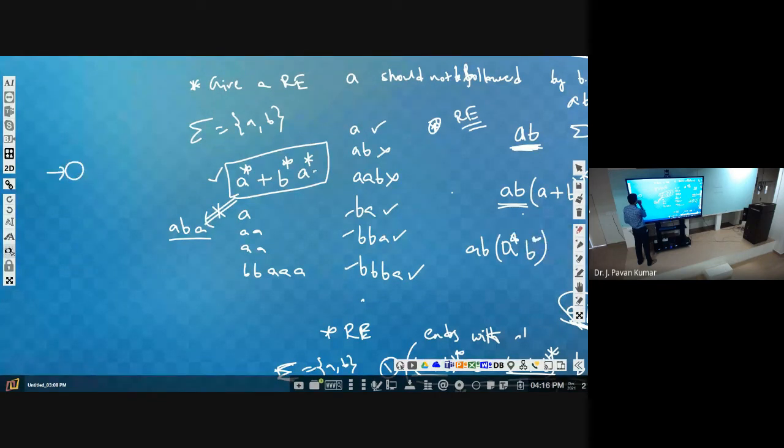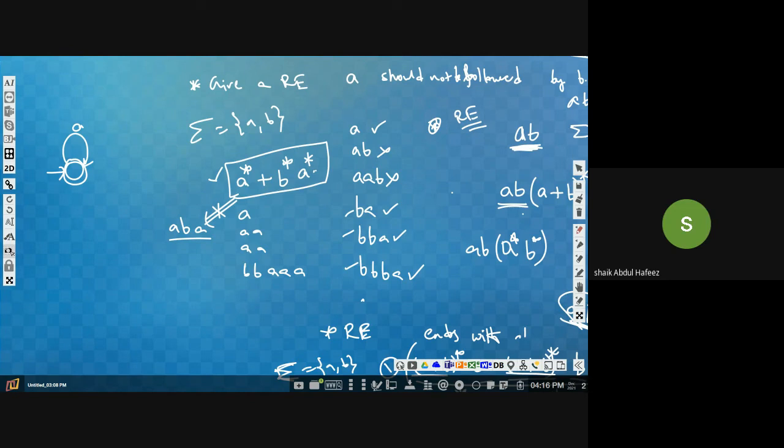We'll be having an initial state, then A star, in the sense we'll be having a transition on A, which will definitely be a self loop. A star itself is acceptable, in the sense it should be a final state as well. Yes or no?